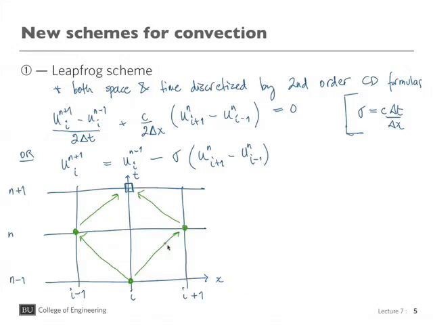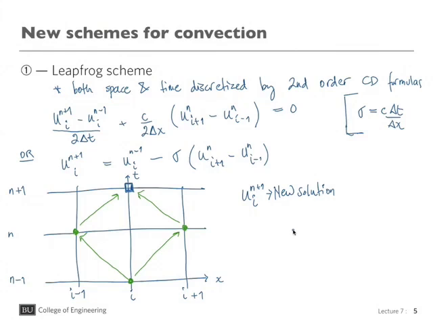So the new solution depends on the value at point i at 2 time steps before, and then the value at the previous time step on both sides, right?